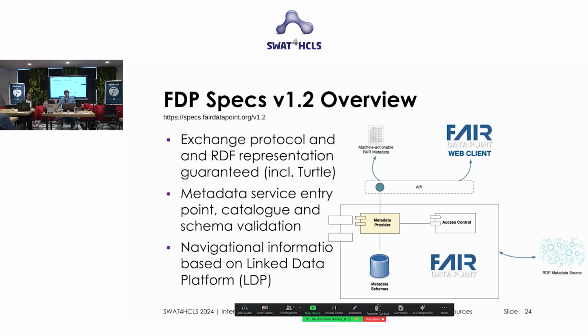It gives you this serialization as a standard. You have Turtle, it's always going to serve Turtle and JSON-LD. Turtle is going to be the default, and then you have the entry point. You know it's going to be a catalog that contains all of the records that you want to navigate through. You have the schema validation, and then there's also a linked data platform part of this as well.